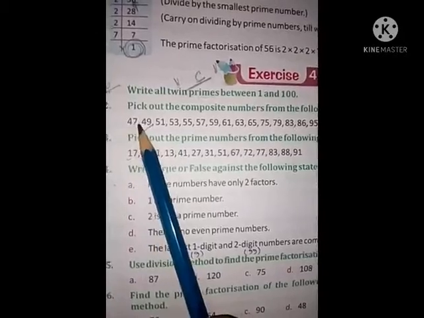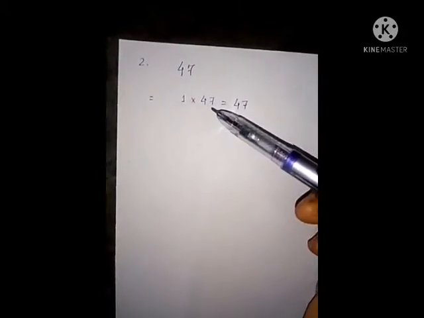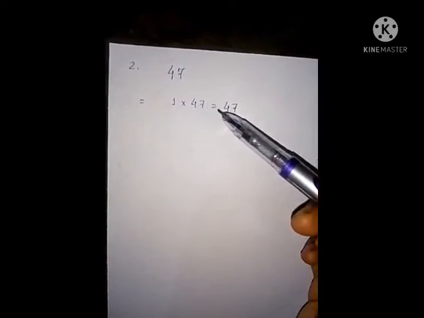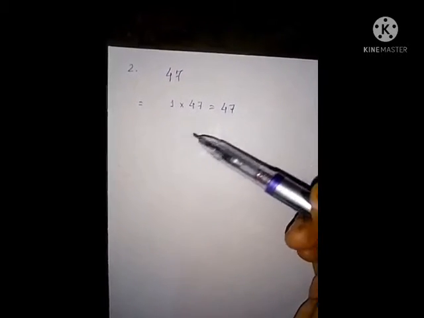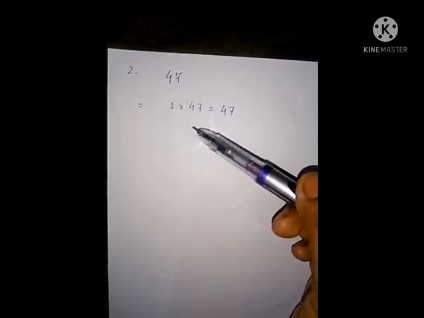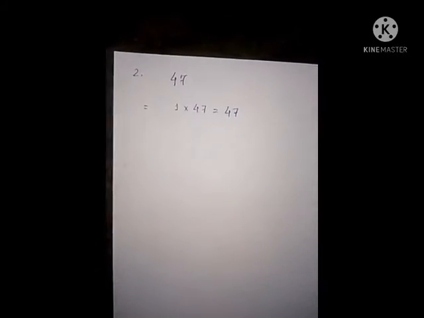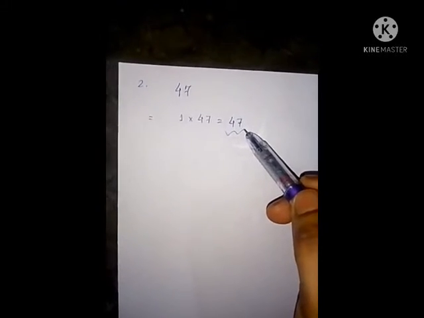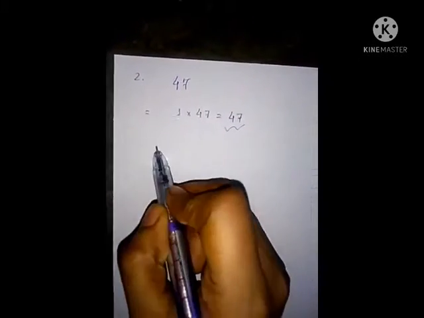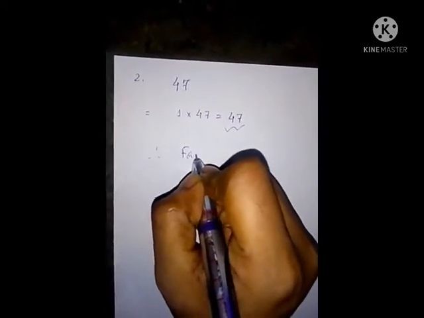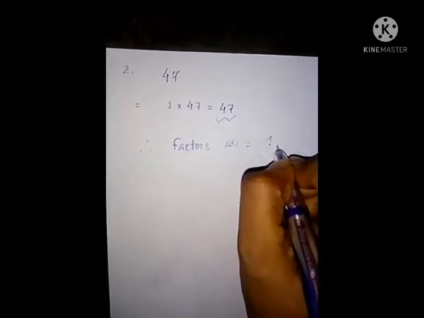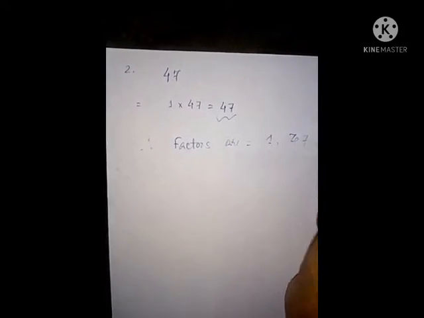Let's take an example. Use multiplication to find the factors of 47. 1 into 47 is equal to 47. We cannot multiply other numbers to get 47. Okay, so the factors of 47 are 1 and 47.